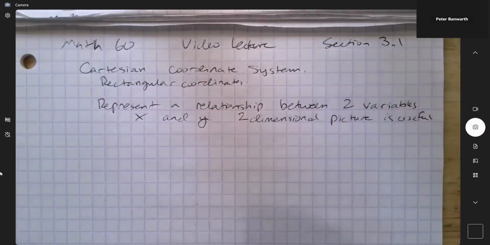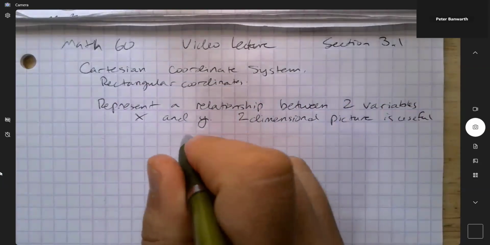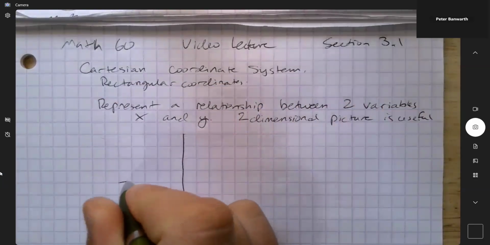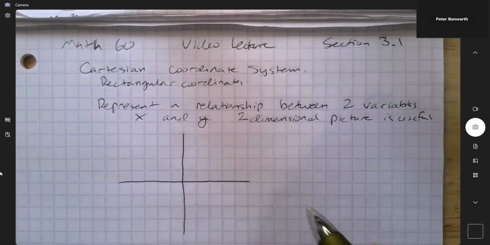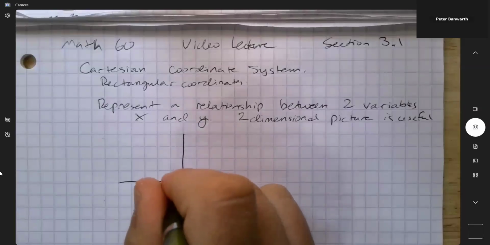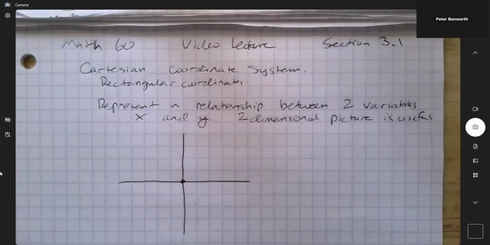Paper is two-dimensional, so let's use our paper. We're going to draw our two dimensions as a vertical dimension and a horizontal dimension. And where they meet is right in the center.